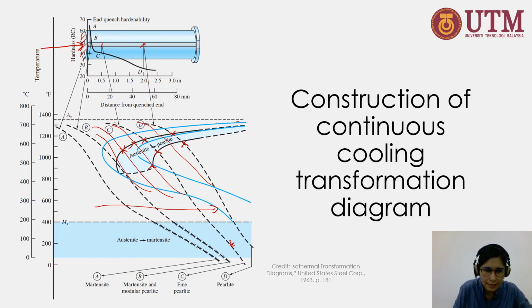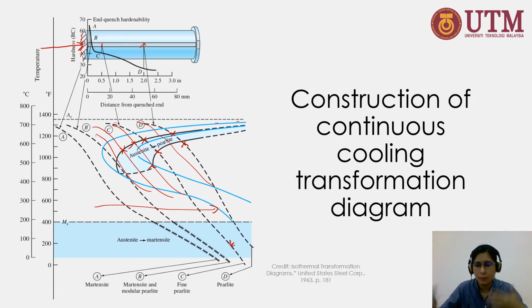As you can see, the curves look similar, but with the CCT diagram, the transformation start and finish are shifted to longer time and at a slightly lower temperature. Also, no transformation to bainite can be observed for eutectoid steel. So this is the construction for eutectoid steel.